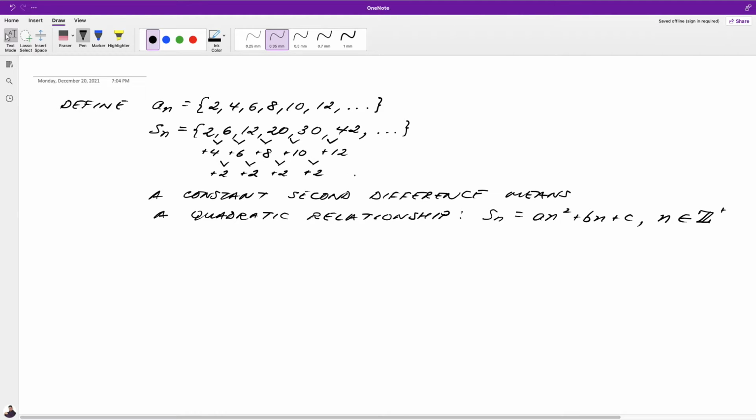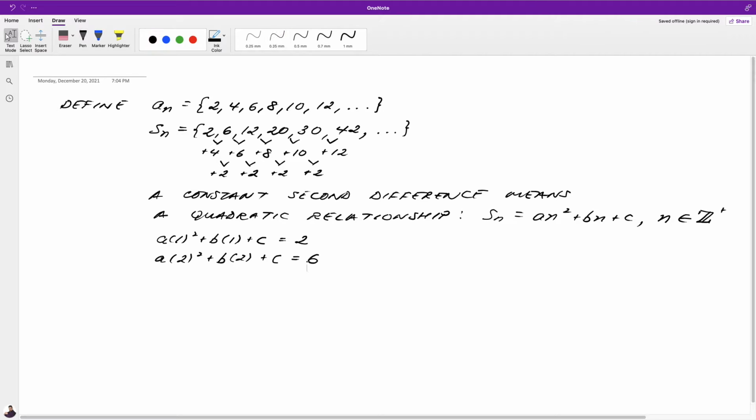Using this model, which we know is valid since we have this consistent constant second difference, I can say a times 1 squared plus b times 1 plus c equals 2. When n is 1, S sub n is 2. Moreover, I should have a times 2 squared plus b times 2 plus c equals 6, since when n is 2, S sub n is 6.